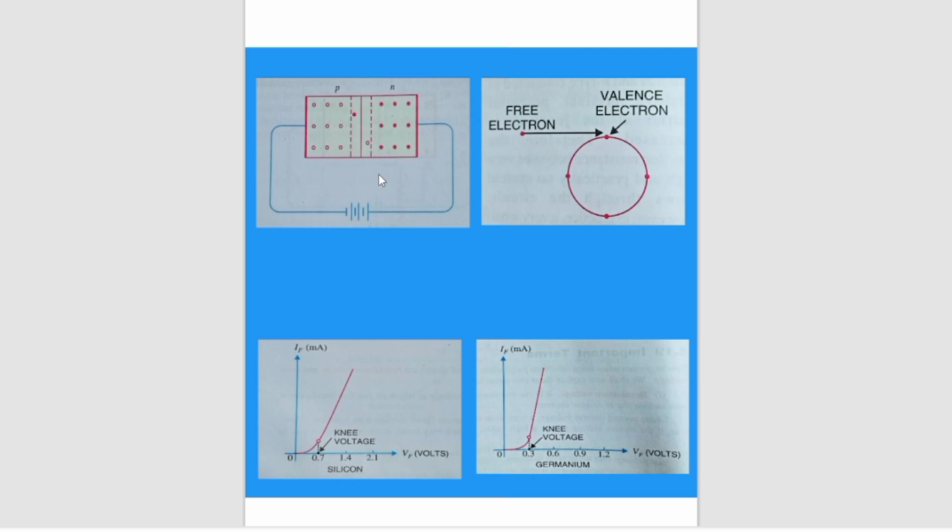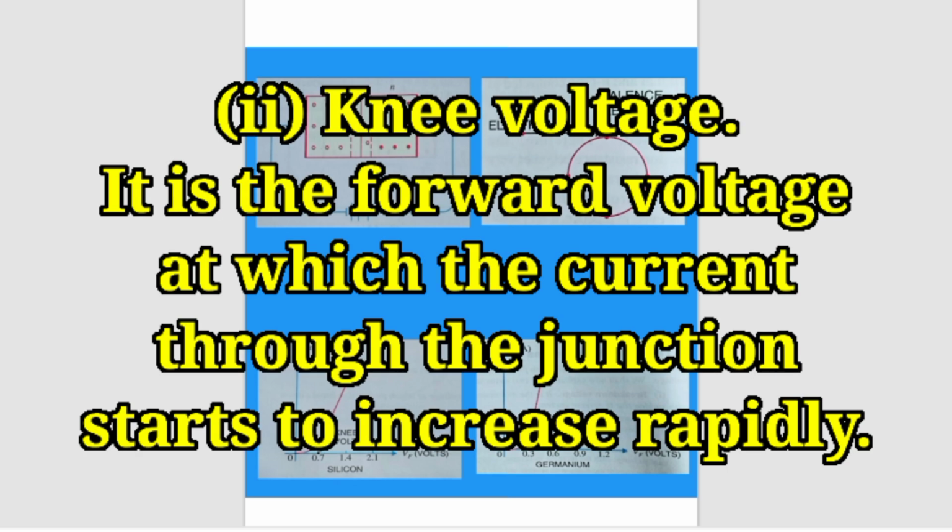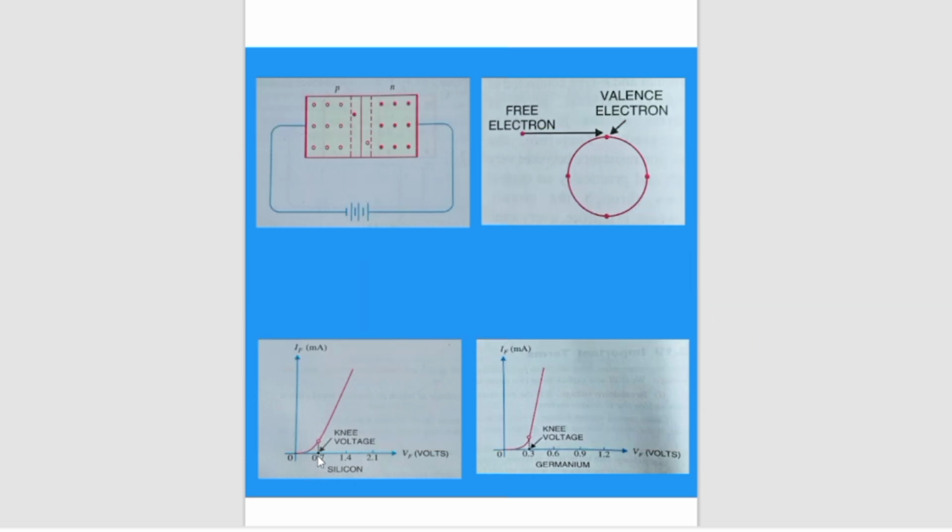Next important term is knee voltage. It is the forward voltage at which the current through the junction starts to increase rapidly. When a diode is forward biased, it conducts current very slowly until we overcome the potential barrier.